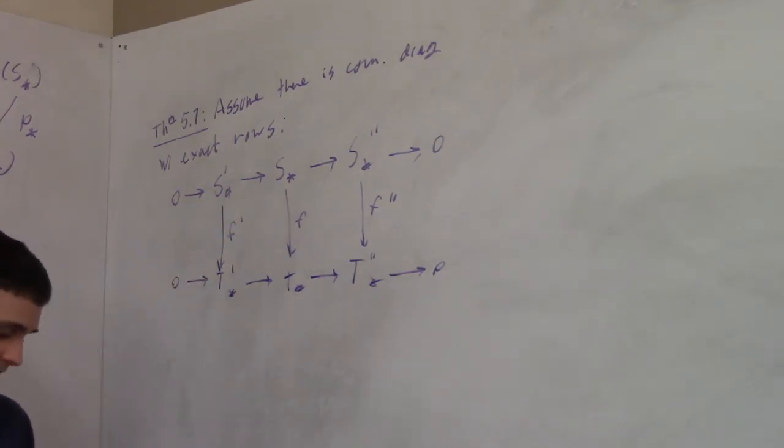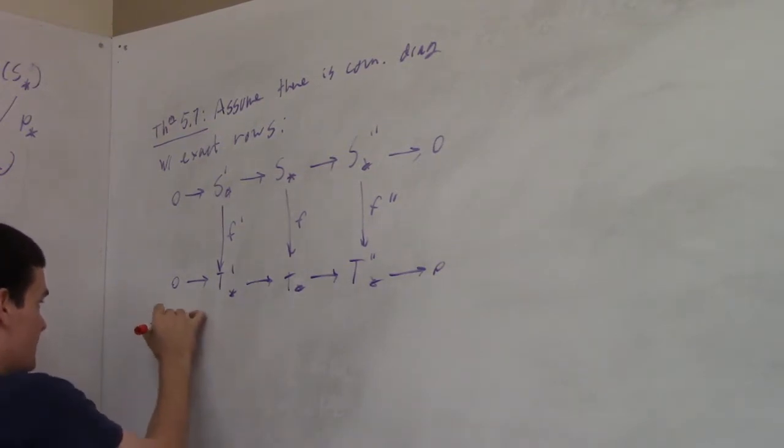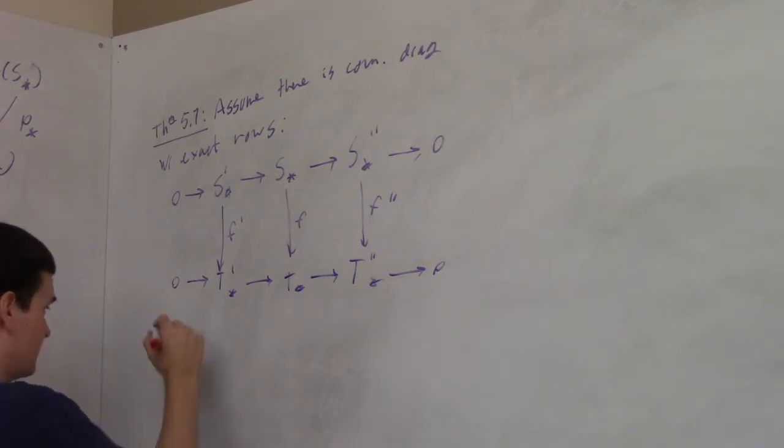And we're going from this to a chain map of just a single exact sequence, I guess. I don't know how you'd say that. I'm probably saying that wrong. But there is a commutative diagram of abelian groups.